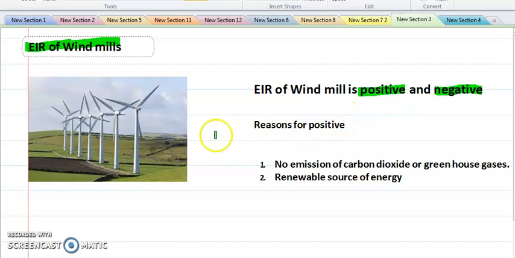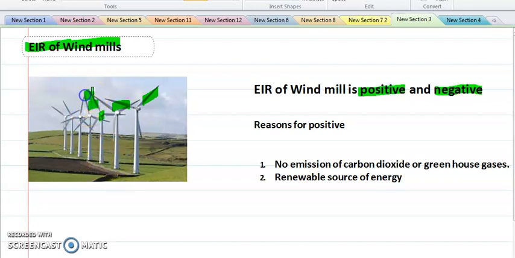There are many reasons that we can say it has a positive EIR, because you can see it is using a renewable energy source, wind. Wind will move the blades of the windmill, here are the blades, and then we have the turbines. When the turbine moves, electricity is produced.